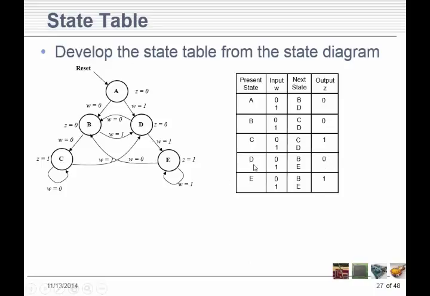Our output's a 0. We can see if W is a 0, we go back to B. If W is a 1, we go over to E. And then E, if W is a 0, we go back to B. And if it's a 1, we stay in E. Output's 1. That's what it says here.